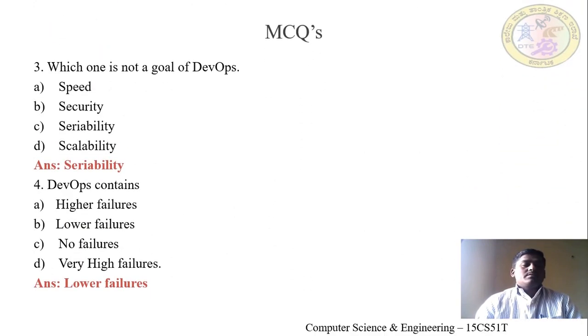The third question is, which one is not a goal of DevOps? Speed, security, seriability, scalability? Already I mentioned the answer: seriability is the answer. Speed, security, and scalability are all goals of DevOps.